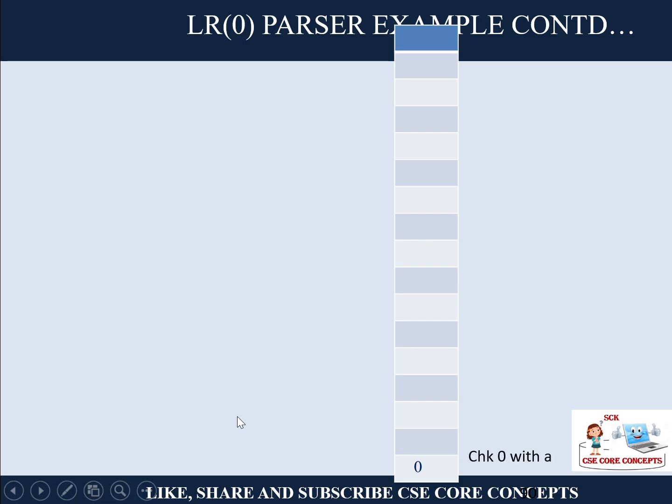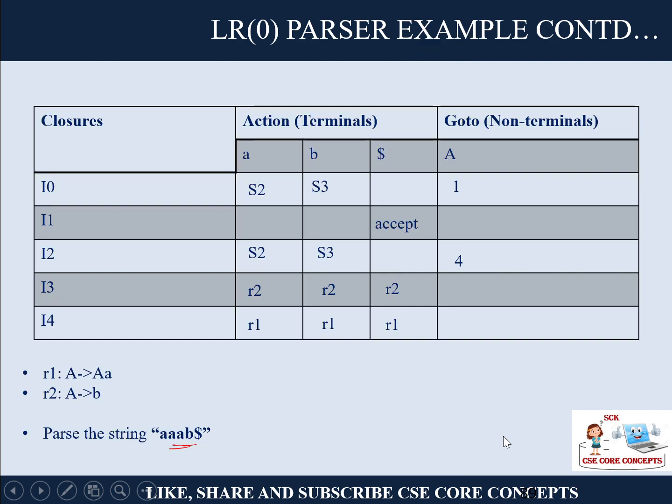So always the stack has to be initialized with a 0, right? So now let us start. 0 means you are starting with the closure I0. Now the first element in the string is small a. So you check this column from I0 to a. What is the status?